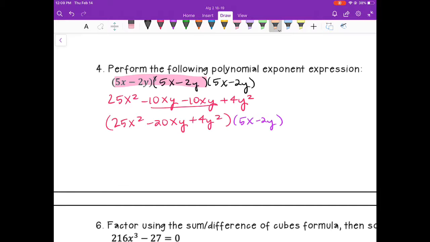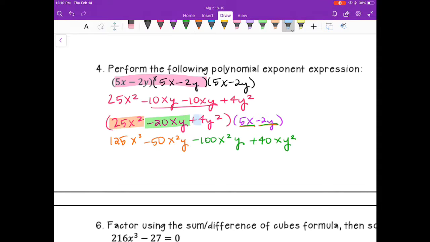So we will have 25x squared times 5x, 125x to the third, 25x squared times negative 2y, minus 50x squared y, minus 20xy times positive 5x, minus 100x squared y, and then negative 20xy times negative 2y will be a positive 40xy squared.